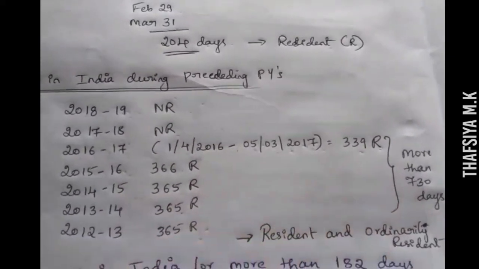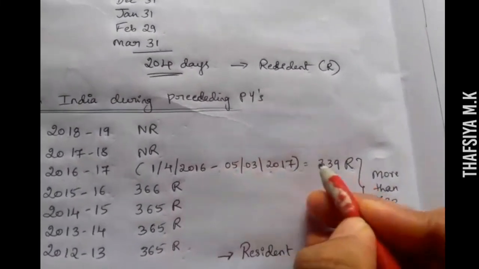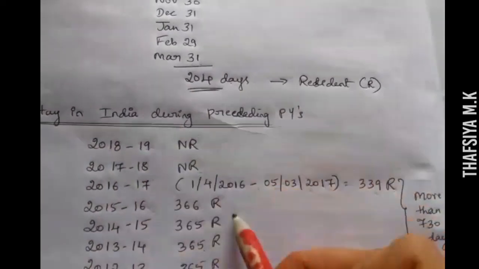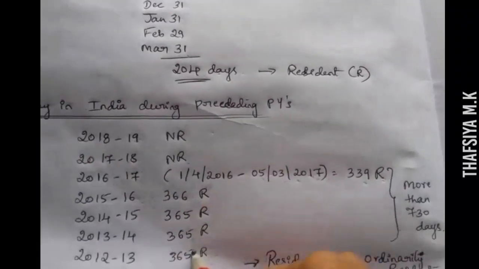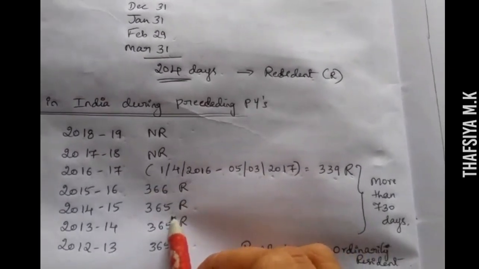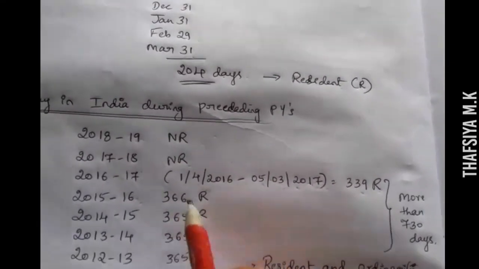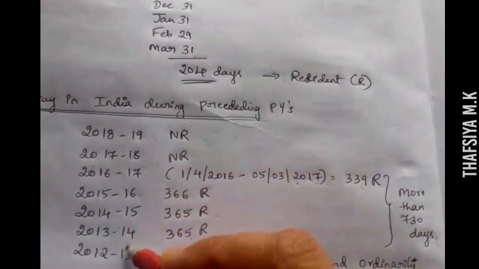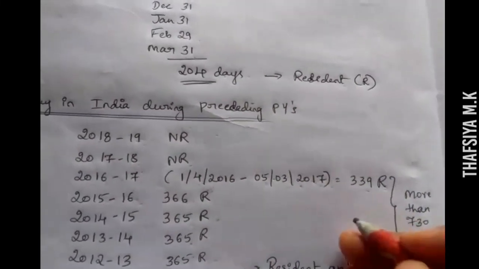Now the first additional condition is that he must be in India at least 2 years out of the 10 preceding previous years. He stayed in India for more than 2 years, so the first additional condition is satisfied. The second additional condition is that he must stay in India more than 730 days out of the 7 preceding previous years.